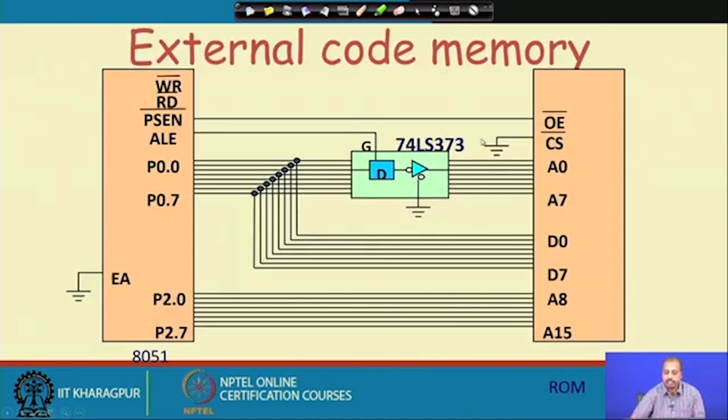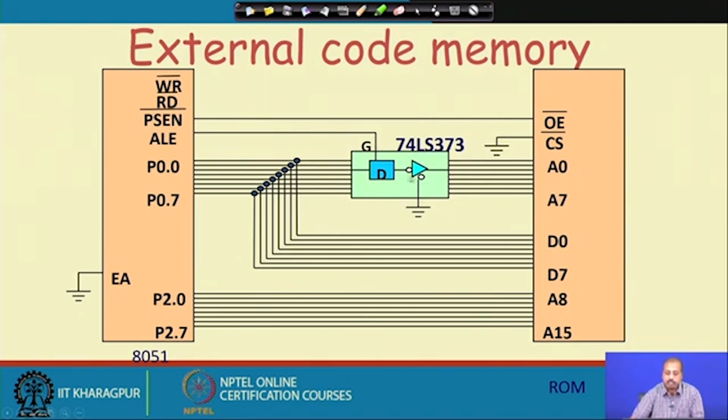This is how the connection is done, like external code memory. For external code memory connection, we have the higher order address bus provided by port 2. P2.0 to P2.7 are connected to A8 to A15. Then port 0 provides the multiplexed address data bus. These 8 bits are connected to the data bus of the RAM chip and the data bus of the ROM chip, and also go to the 74373 latch, where they are demultiplexed by the ALE signal.